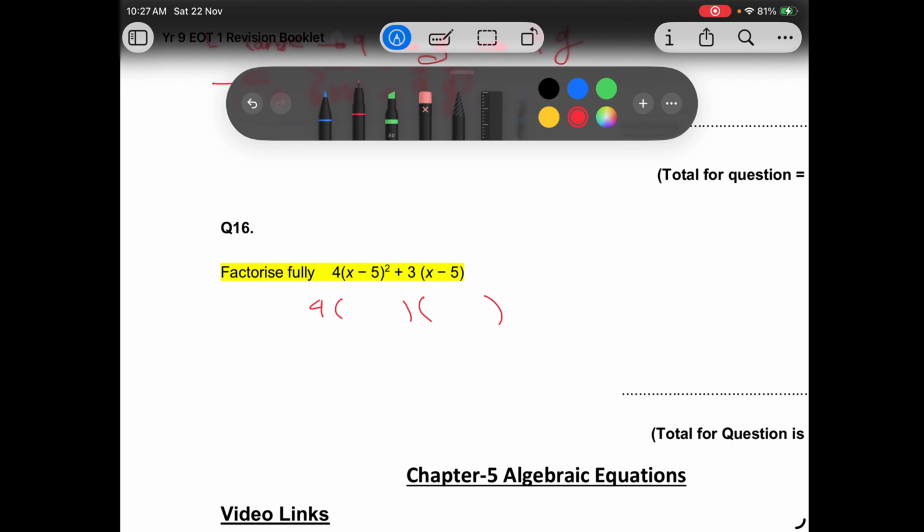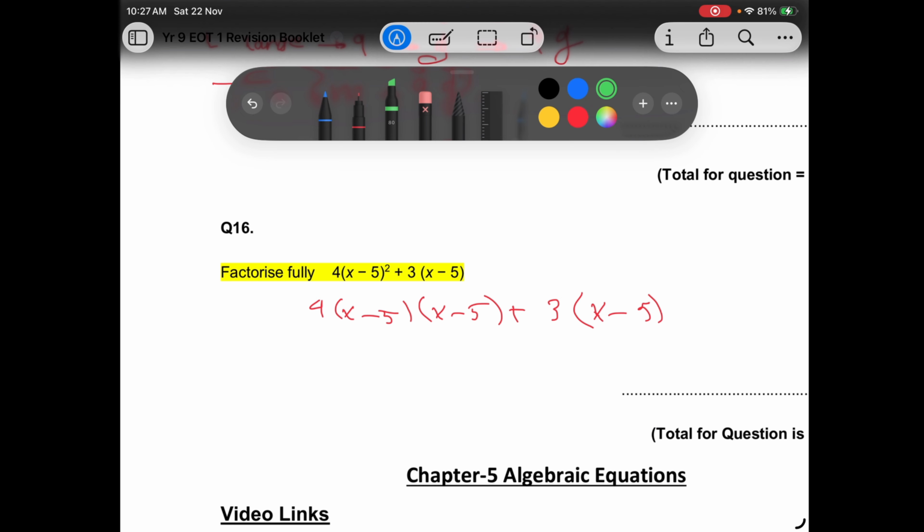I have x minus 5 squared in the first term, and each term contains subterms. So I can rewrite this in an easier and clearer way. It's x minus 5 times x minus 5 again, because this is the meaning of power of 2, plus 3 times x minus 5. So I think we can factor out x minus 5.